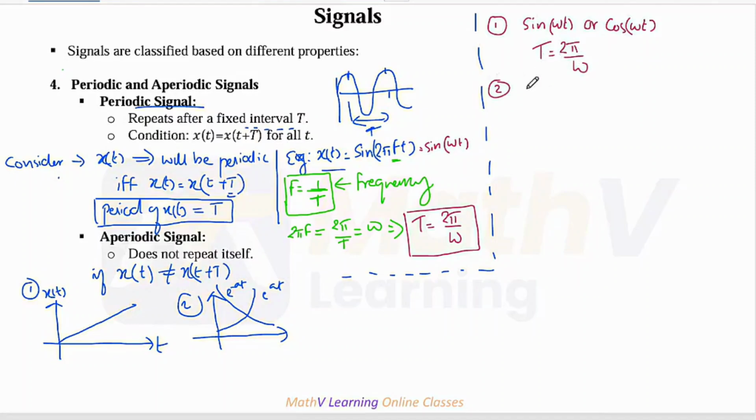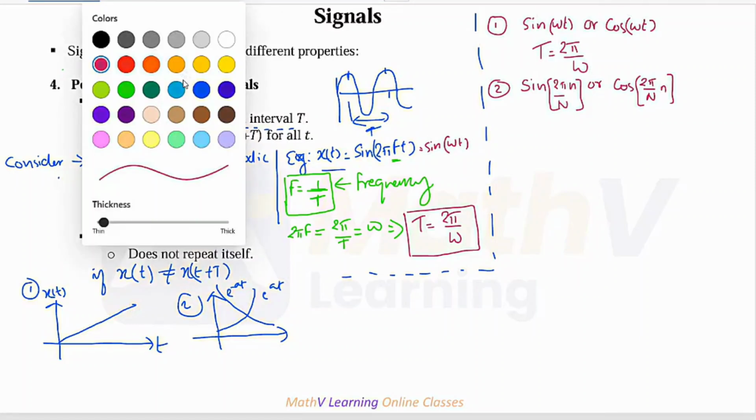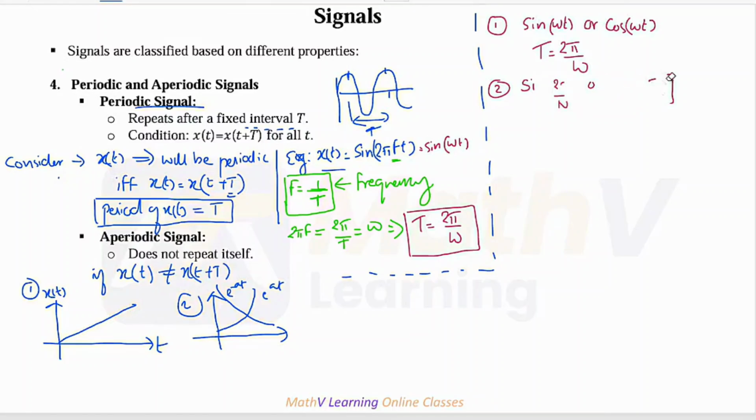Similarly, if I have a discrete time signal like sin 2 pi by N into n, or cos 2 pi by N into n, this is how a discrete time signal is represented. Here, let us read this as omega, to avoid confusion. So we say sin omega n or cos omega n.